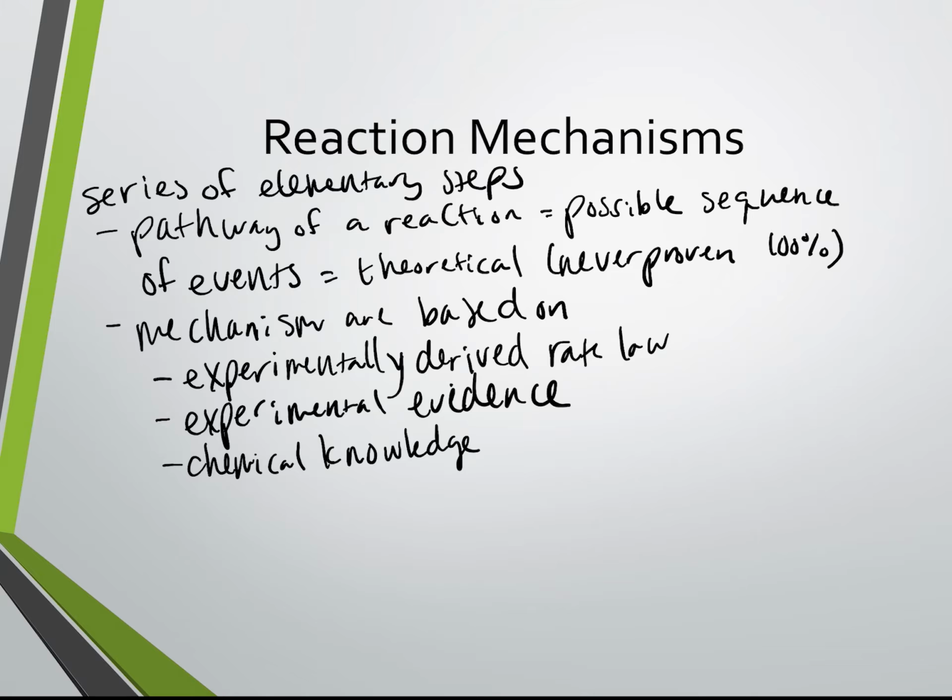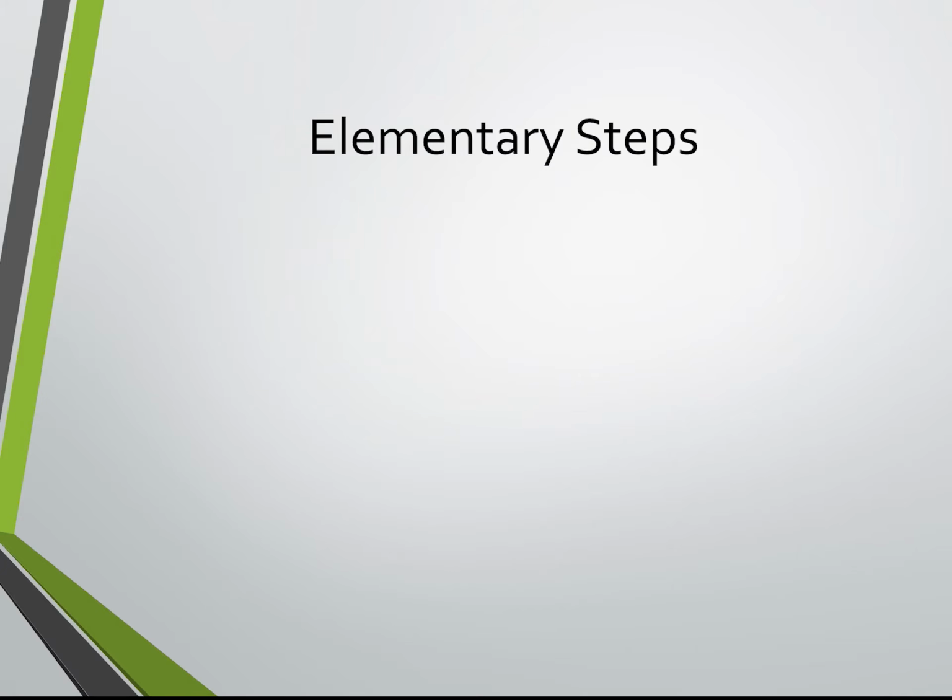So certain things react in certain ways based on what type of substance they are, and what they are reacting with. So some chemical knowledge is always going to be part of developing these reaction mechanisms. Okay?